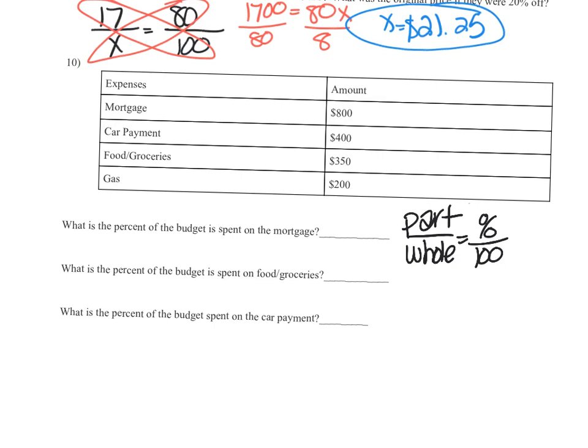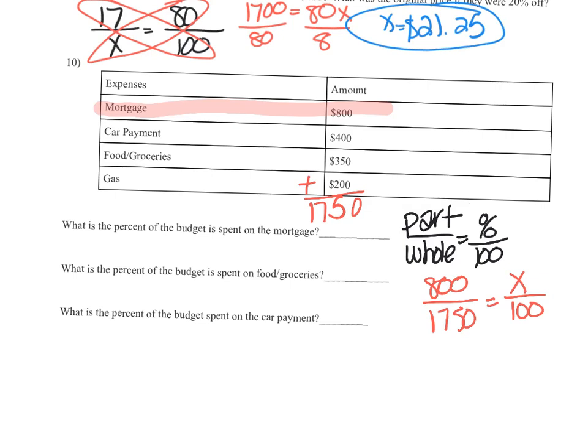So first what we have to do is find our part, and on the mortgage we're looking at $800. So that's our part. And then we need to find our whole. So when I find my whole amount that I'm spending on these expenses, I'll just add them up. So I get $1,750 is my whole, and that equals the percent, and that's what they're looking for, over 100.